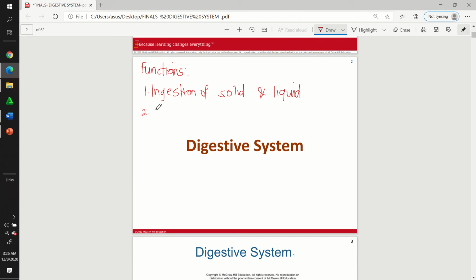Then the digestion of organic molecules, and then absorption of your nutrients.